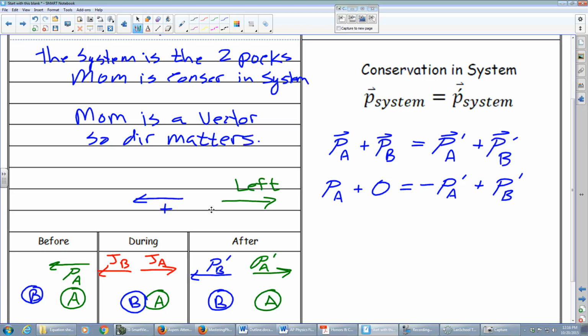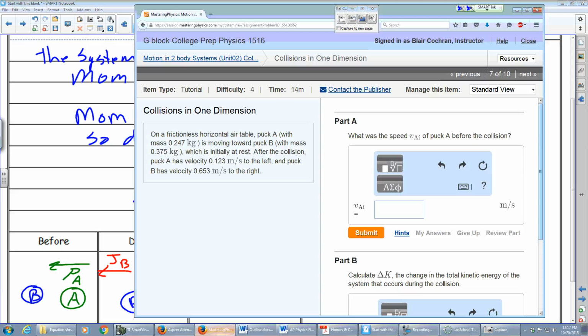And then I can go to my next step, inertia of A, the speed of A beforehand, then negative, the inertia of A, the speed of A afterwards, plus the inertia of B, speed of B afterwards. And now it's time to fill in some of my values.